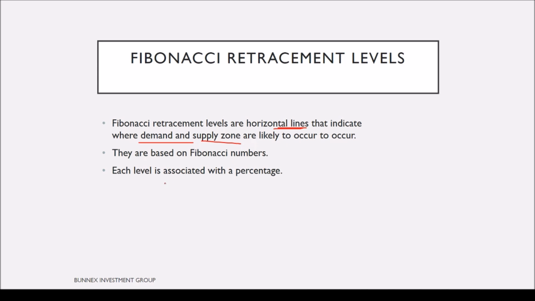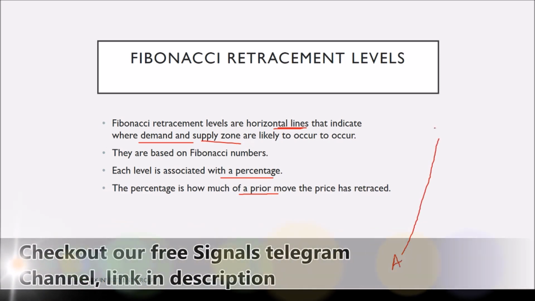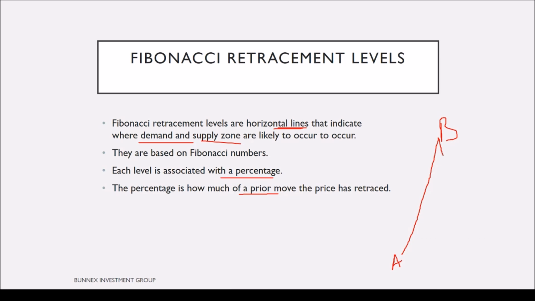So each level is associated with a percentage. This percentage is basically how much of the prior move the price has retraced. So let's take, for instance, the price has gone from A to B, then the price retraces. So we are basically measuring the amount of retracement the price has given us.